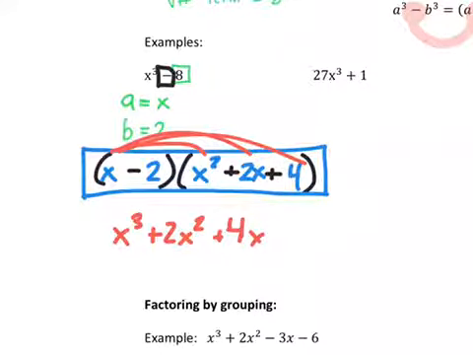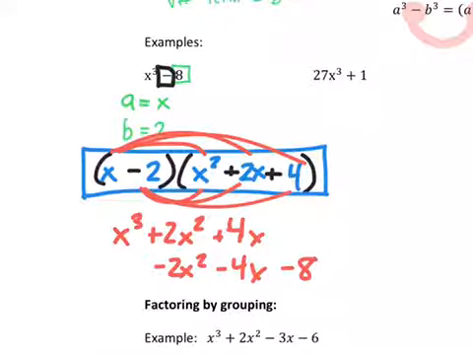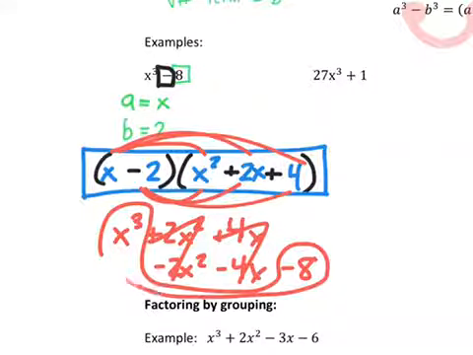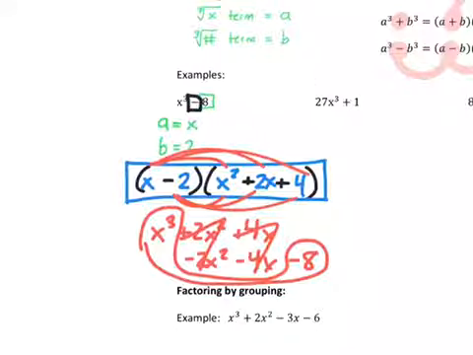Okay, and then if I pair it up coming from this way, I get a negative 2x squared, a subtract 4x, and a minus 8. And you see that all these terms cancel out, which takes us back to our original expression. So there's the proof that it does in fact factor out based upon our factors.